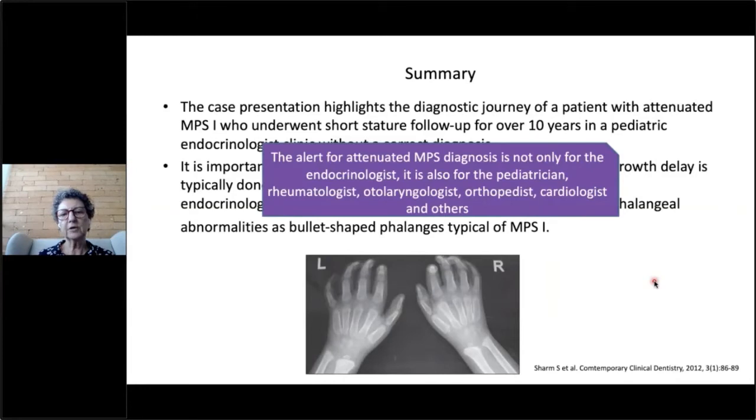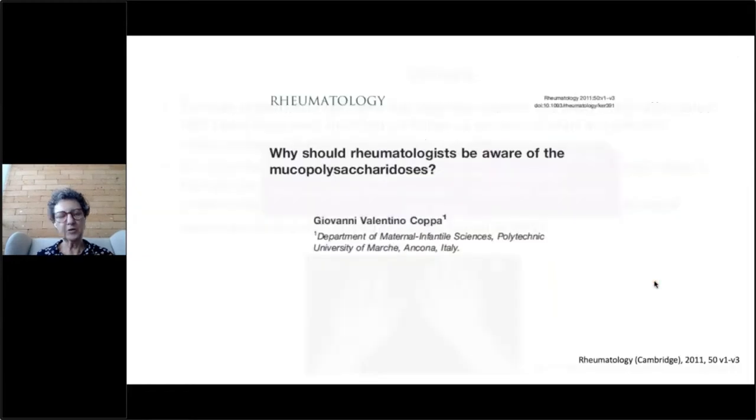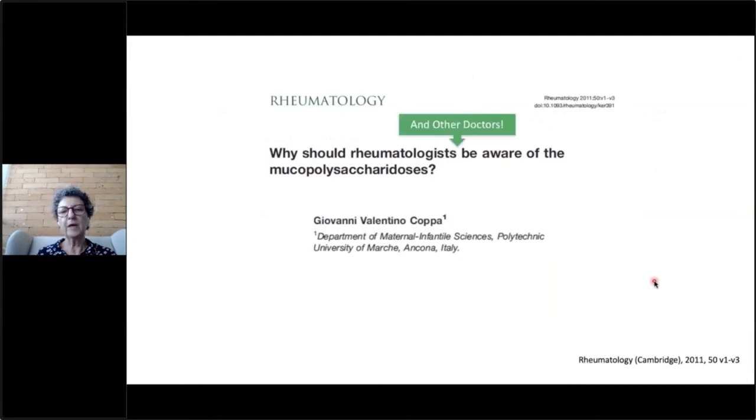The alert for attenuated MPS diagnosis is not only for the endocrinologist, it is also for the pediatrician, rheumatologist, otorhinolaryngologist, orthopedist, cardiologist, and others. To finish my presentation, I'm going to show you an editorial from this journal, Rheumatology, Cambridge, from 2011, which did a supplement of all papers about mucopolysaccharidosis.